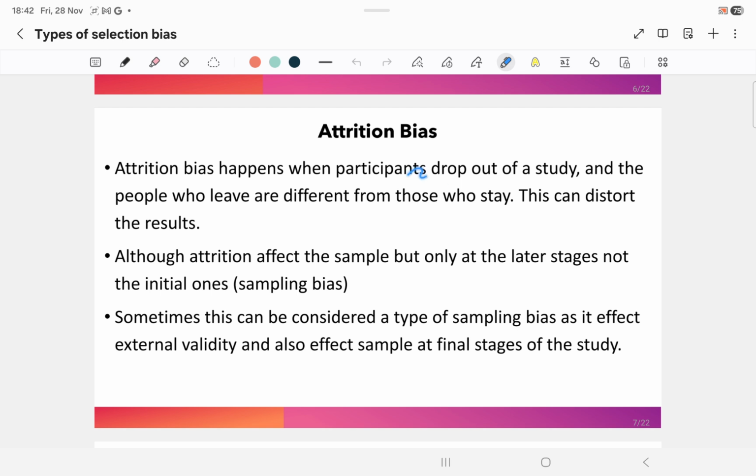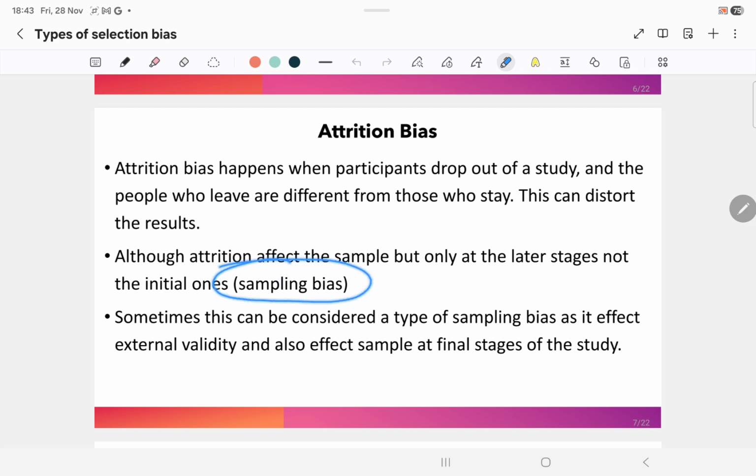Attrition bias happens when the participants drop out of the study and people who leave are different from those who stay. This can distort the result. Although attrition affects the sample, it does so only at the later stages, not at the initial ones. That is why it is different from sampling bias.